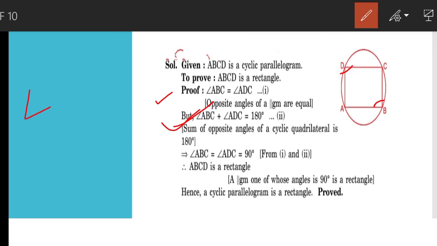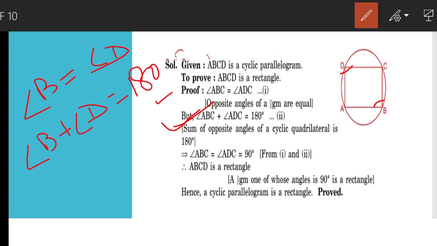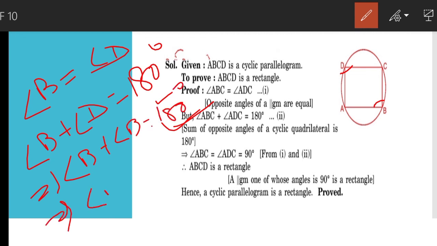So we have angle B equals angle D, and angle B plus angle D equals 180. From this we can write angle B plus angle B equals 180 degrees, which implies angle B equals 90 degrees. Also angle D equals 90 degrees.